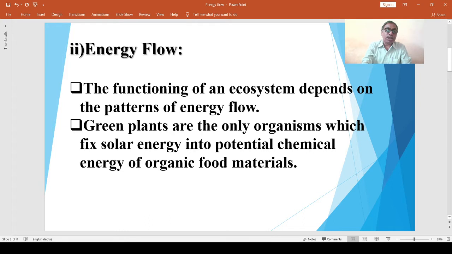The most important feature of energy flow is that it follows a unidirectional path.